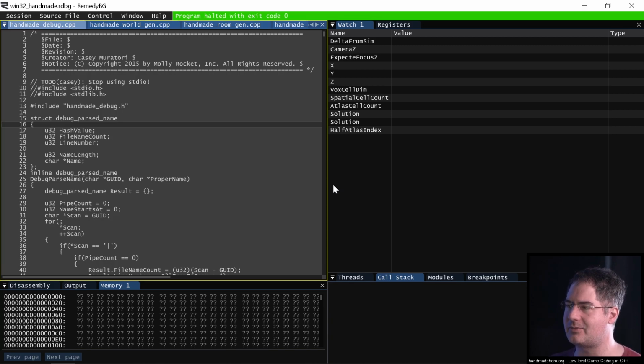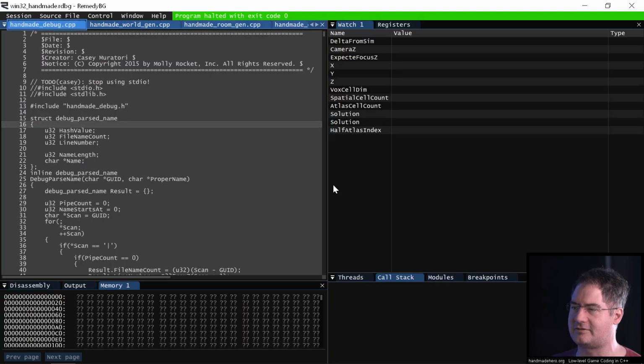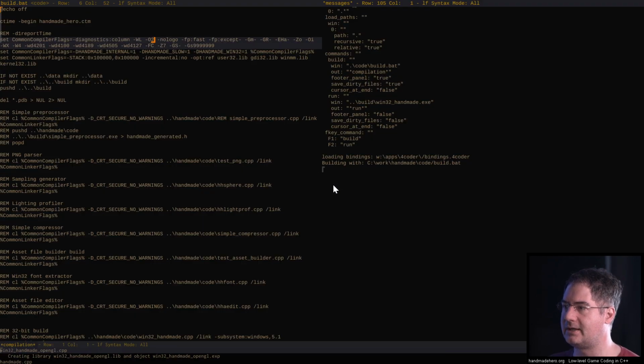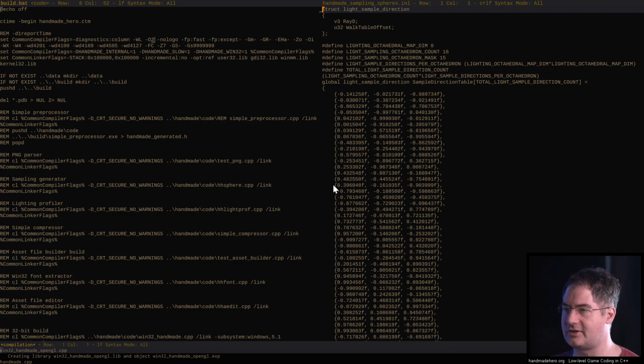And as we were debugging it, we realized that as we looked at the ray casts, the ray choices, there were all of these rays pointing straight down, right? And it turns out that our sampling table, if you go and look at it, is just not correct.